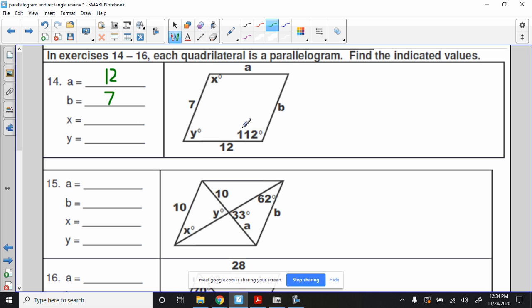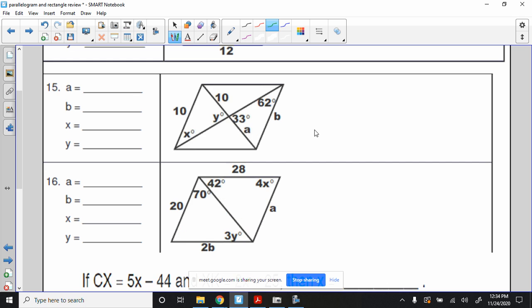Now, inside, opposite corners are equal. But if they're next to each other, meaning adjacent, they add up to 180. That's why this one would be 68, because 112 and 68 makes 180. So hopefully you have those concepts down. That was in the notes in the video.